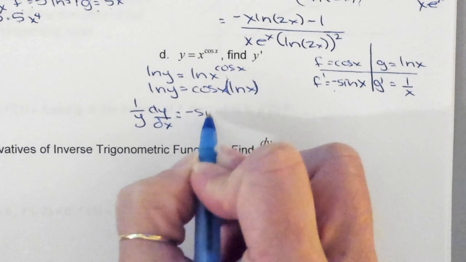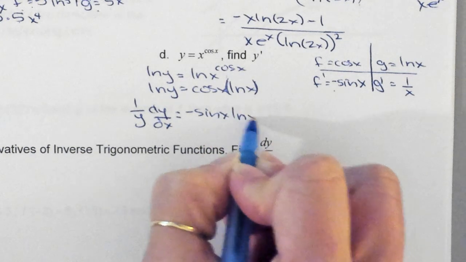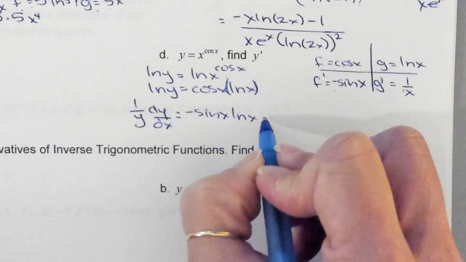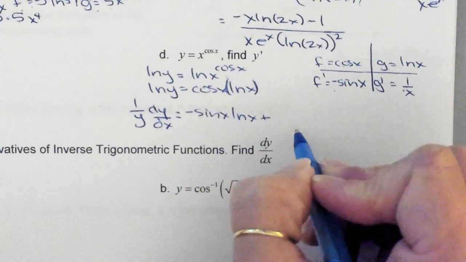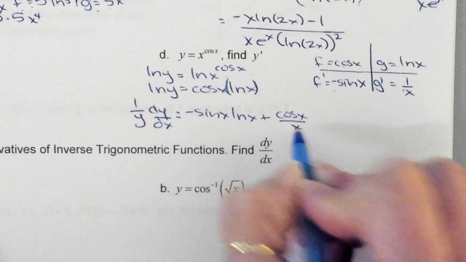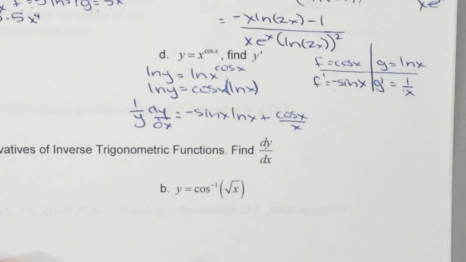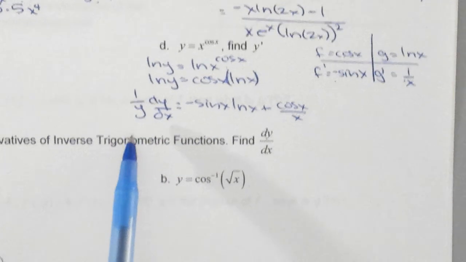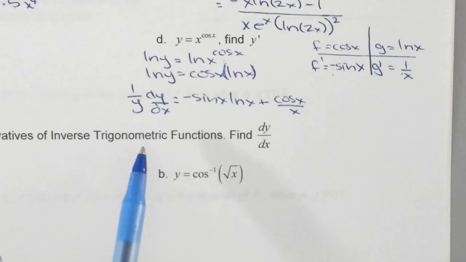So negative sine of x, natural log of x, and then times fg prime. So is this what, plus cosine of x over x? Okay. This is just going to require one, maybe 2 last steps. So tell me what I have to do to solve for dy dx, which is essentially the same thing as y prime.